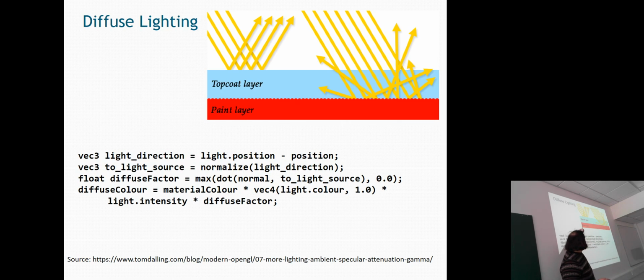The combination of those two gives the car paint we see in daily life, glossy and shiny, but with this kind of diffuse component.